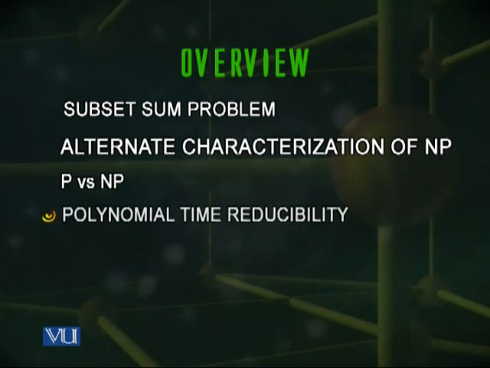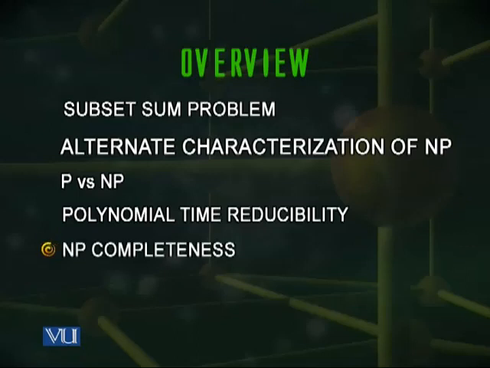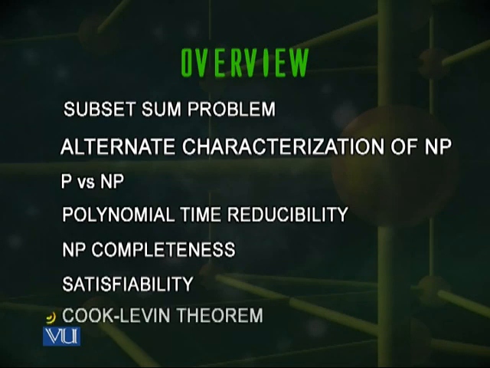We will discuss what polynomial time reducibility is, and then the notion of NP completeness. Then we will discuss a very important problem in computer science called satisfiability. And lastly, we would see what the Cook-Levin theorem says. The Cook-Levin theorem is one of the most important theorems in computer science.